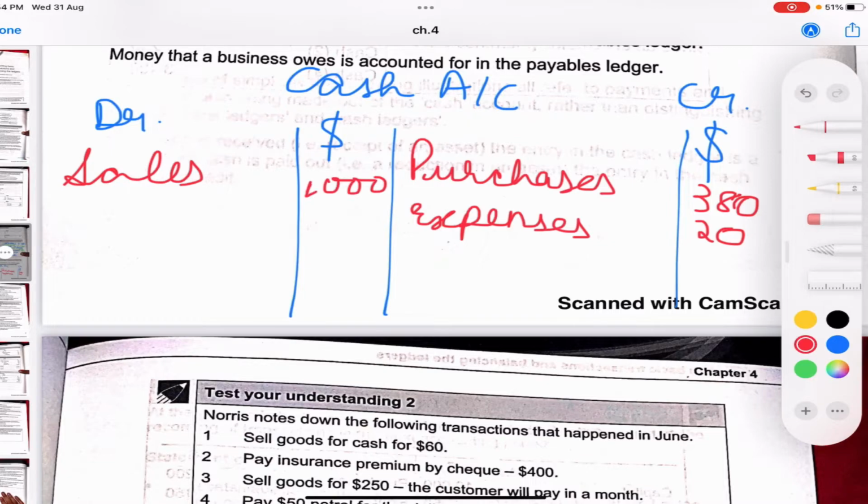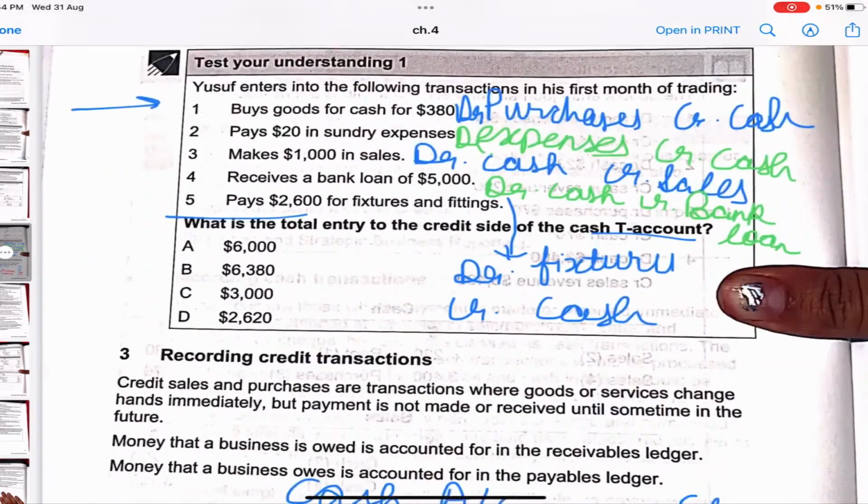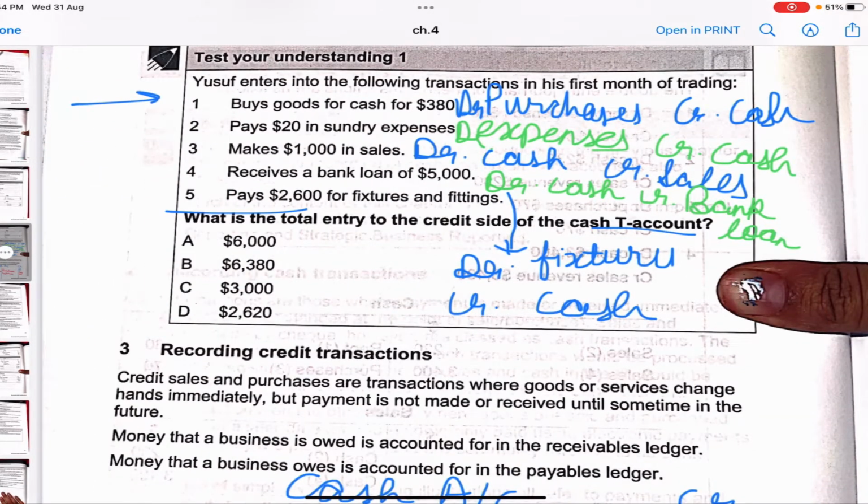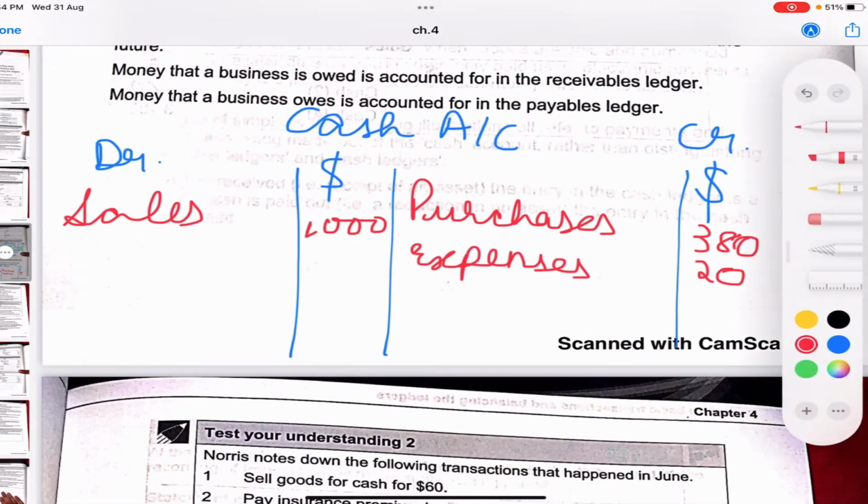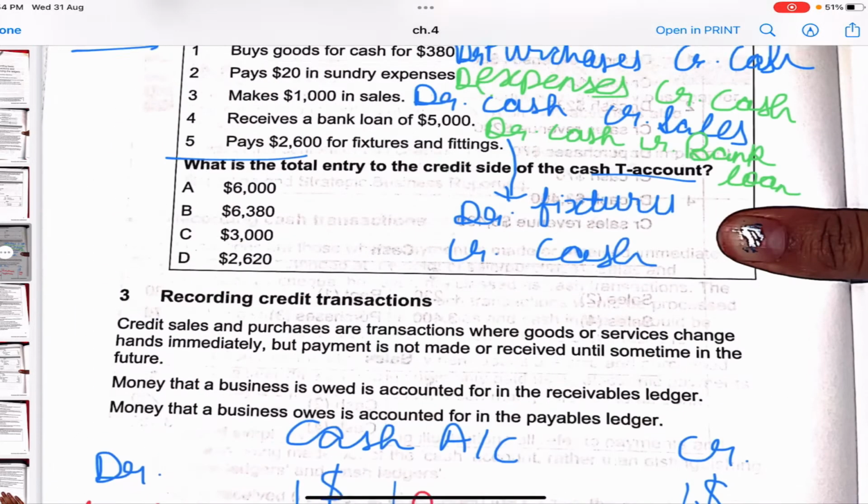Then we have cash getting debited with bank loan 5,000. Right? What happens after that?